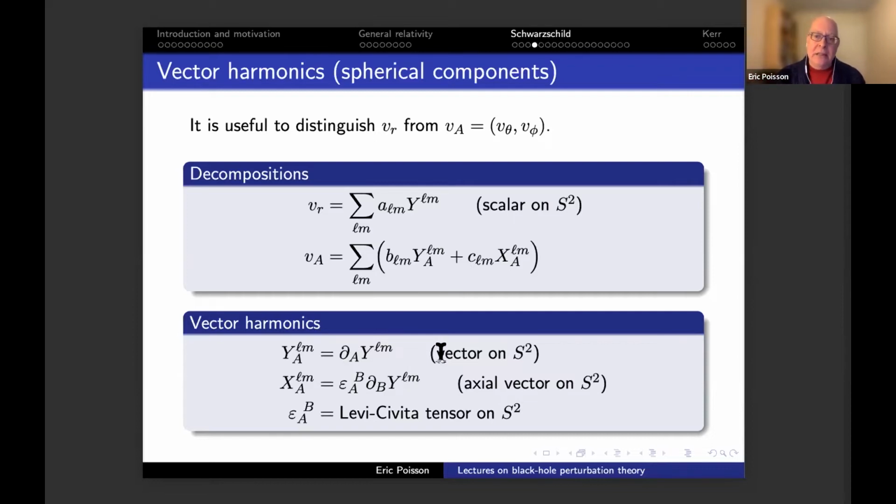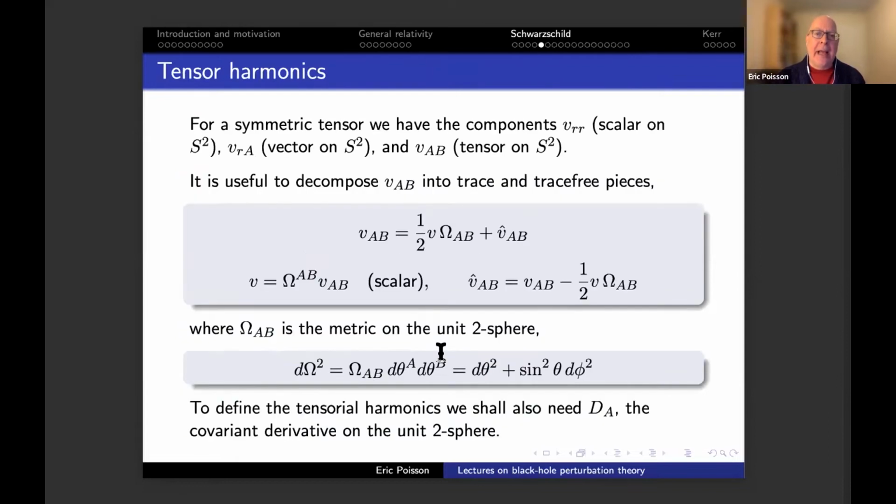Okay, so that's going from scalar to vector. Now let's do the next step and move to tensors. And I'm still going to think of this in terms of three-dimensional space, and we'll add the time component to that in a moment. So suppose that we still work in three-dimensional space.